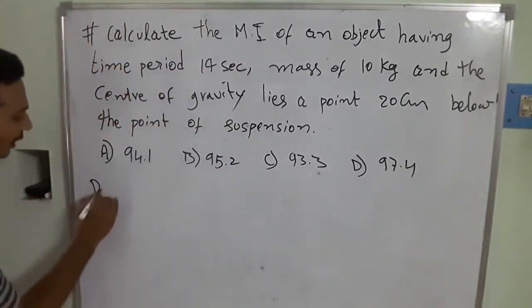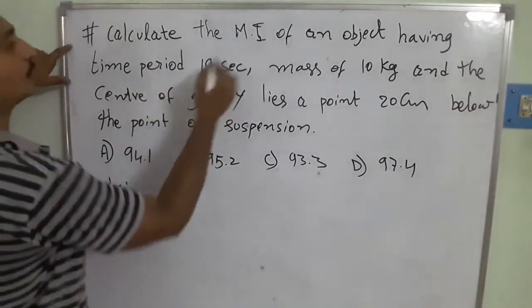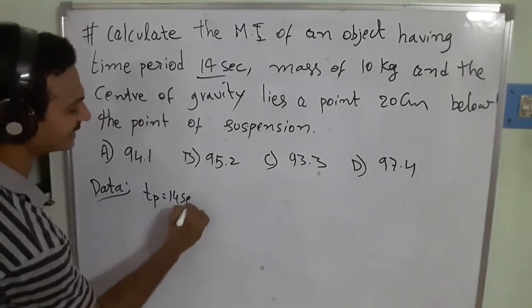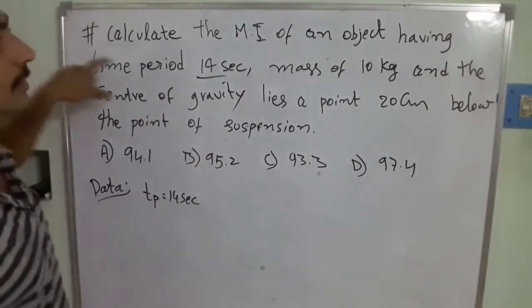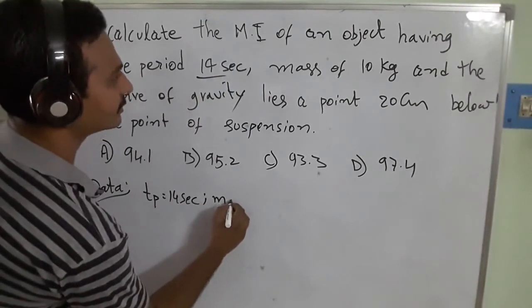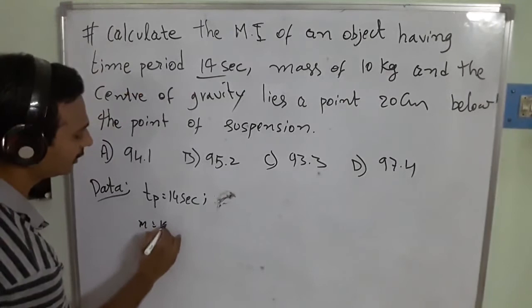So for this, I am going to write the given data. What is the given data he has given? The first one is the time period, that is 14 seconds, right? The next one, the mass: m is equal to 10 kg.